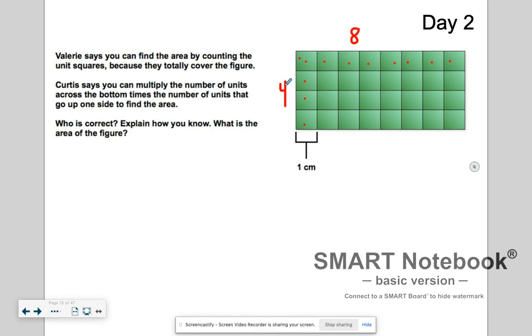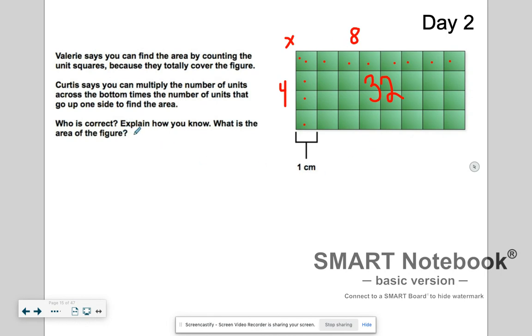If you have your rows times your columns, so 4 times 8, if you want to do your song, that's fine. But inside there's 32. So technically Valerie and Curtis are both correct because you can count the individual unit squares, or you can do your length times your width, which is your rows times your columns.